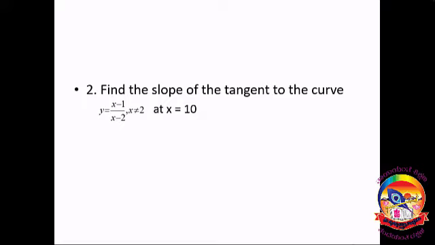Find the slope of the tangent to the curve y is equal to x minus 1 by x minus 2, where x is not equal to 2, at x is equal to 10.